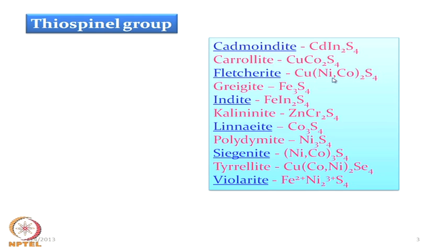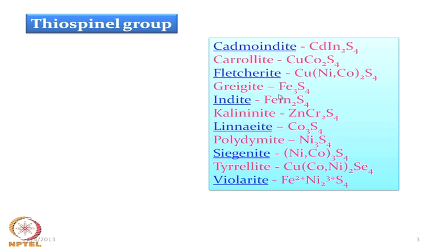So, it is basically a 3 metal spinel structure. In these 3 metal spinel structures, this is the A site, and within the B site 50% of the B sites are occupied by one metal center and another 50% by the second metal center. Then greigite, which is Fe3S4, and indite is iron indium, like cadmium indium. So, cadmoindite is the substitution of this.